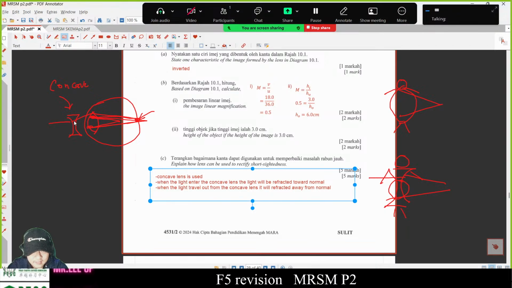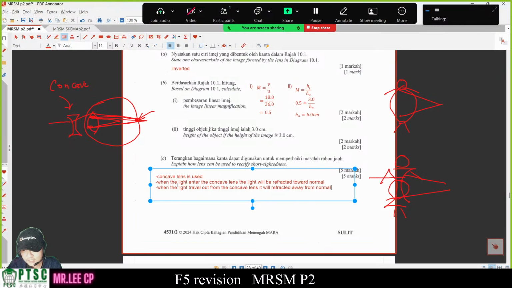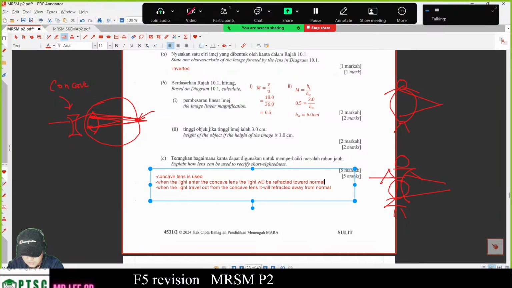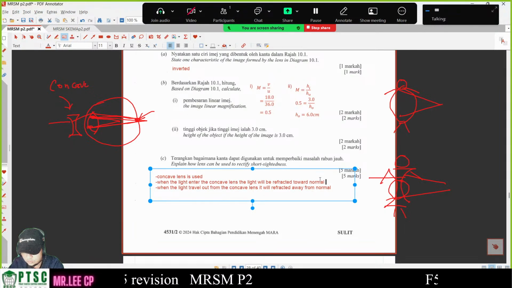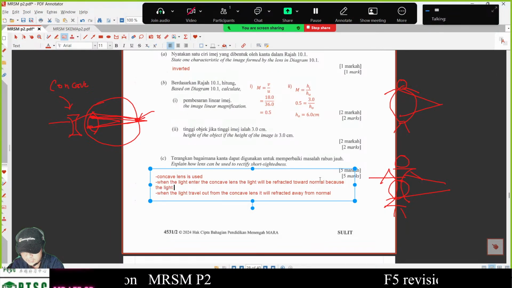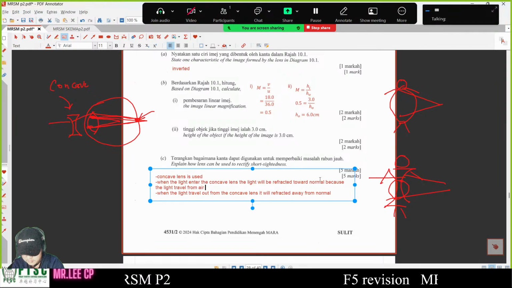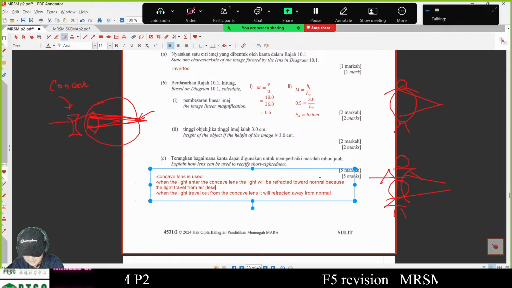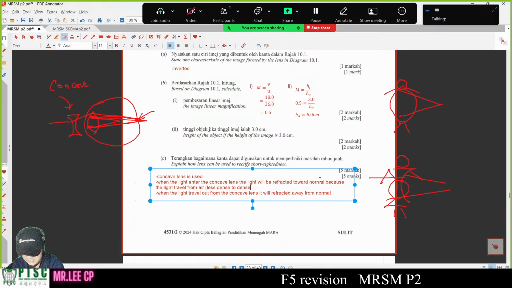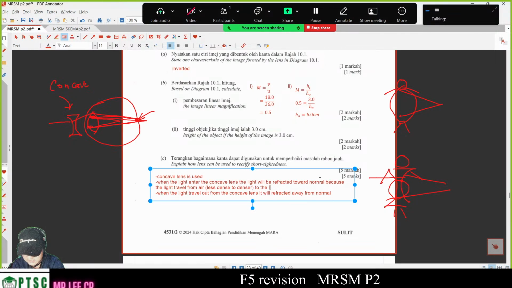Like just now, toward normal. So if you want, you can add in: the light enters the concave lens, it will reflect toward normal because the light travels from less dense to denser, from the air to the concave lens.